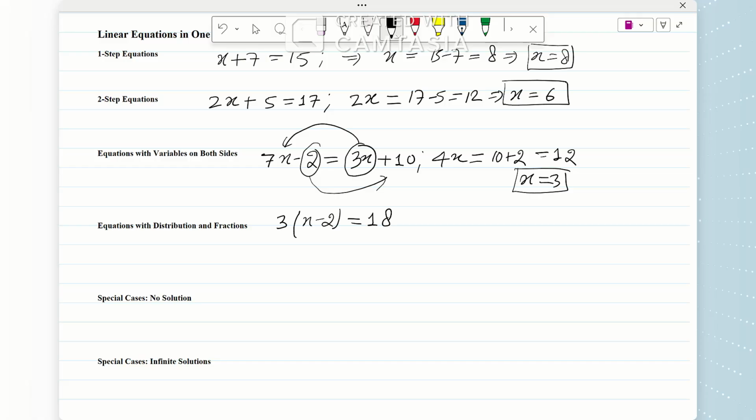So here you need to distribute 3 to both x and 2. The common mistake made by students here is that 3 is distributed to x only and not 2. Okay, we don't want to do that. Okay, so you have 3x minus 6 is equal to 18, or 3x is equal to 18 plus 6, which is 24. And that would mean your x is equal to 24 by 3, which is 8. So that is your answer. Okay.